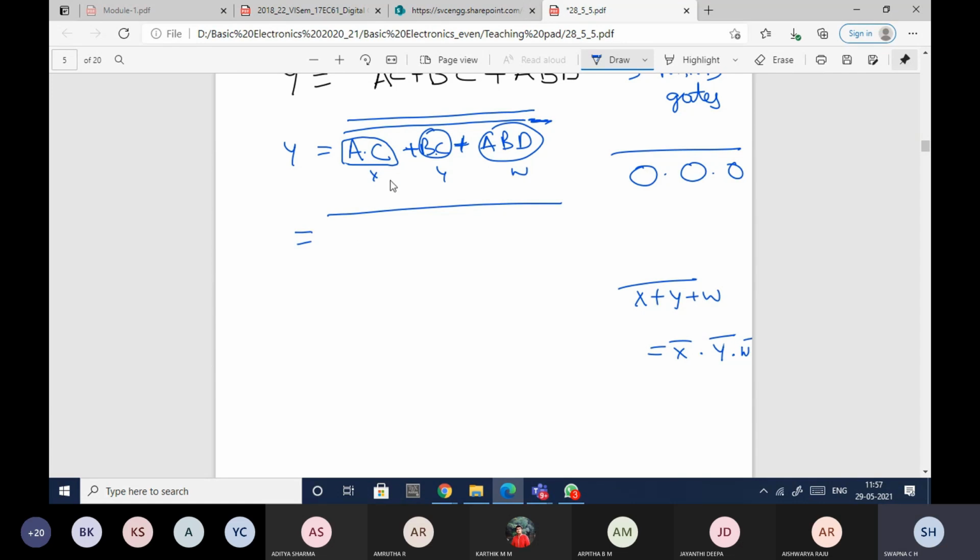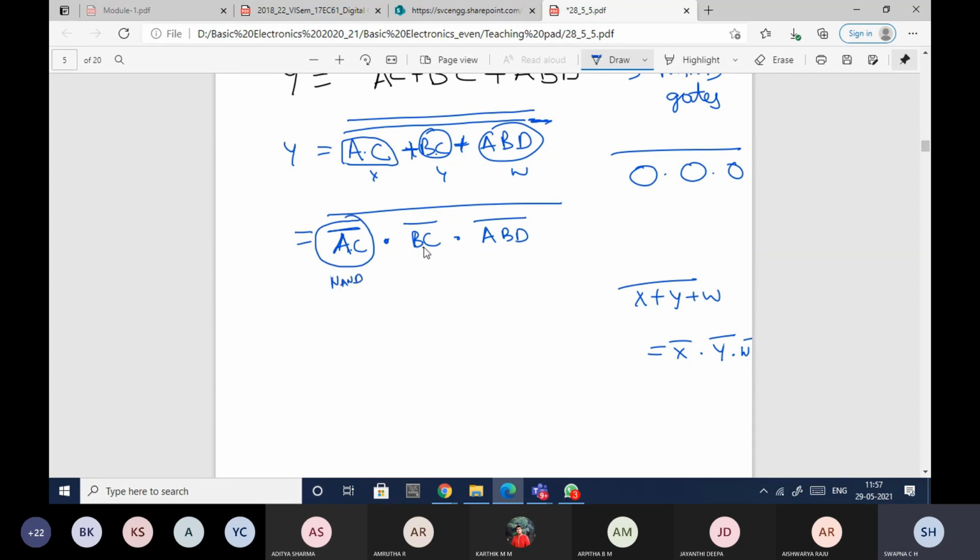I'll write it in the same way. So X is nothing but AC bar, and I have plus in between, so dot BC bar, dot ABD bar. Now again you check whether it is in the required form or not. See here, first A dot C, and I have whole bar also. So this can be implemented using NAND.